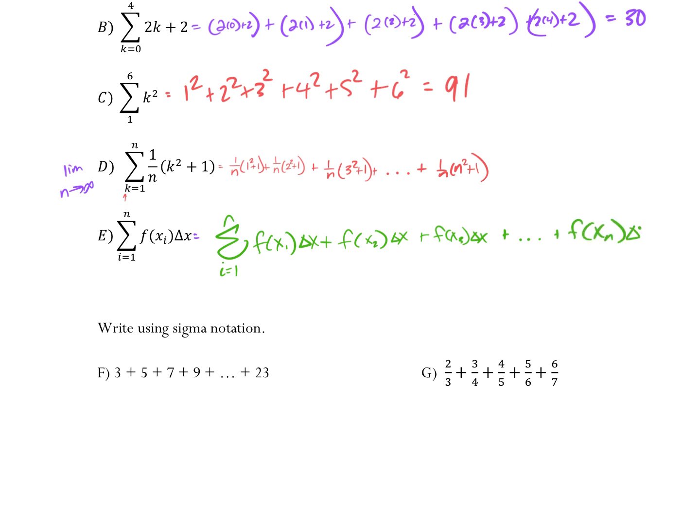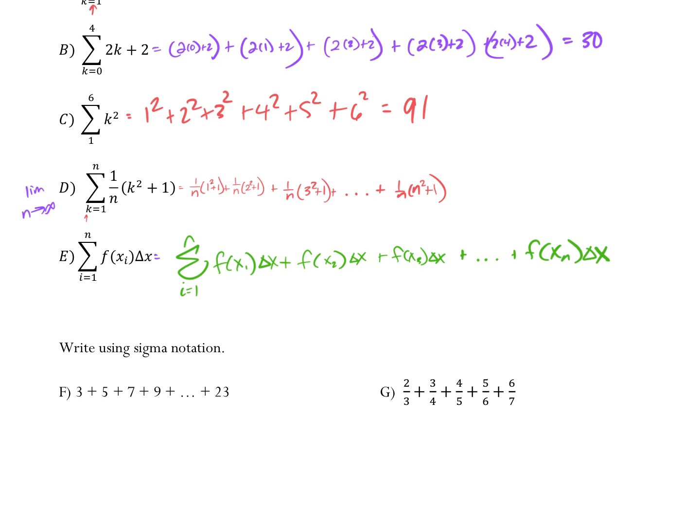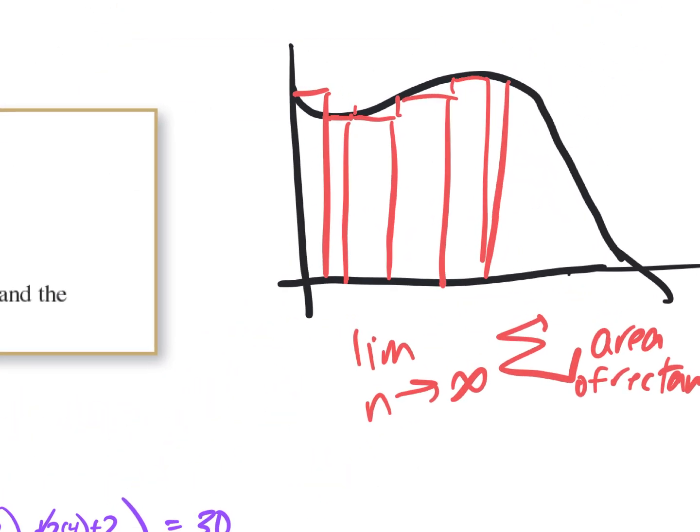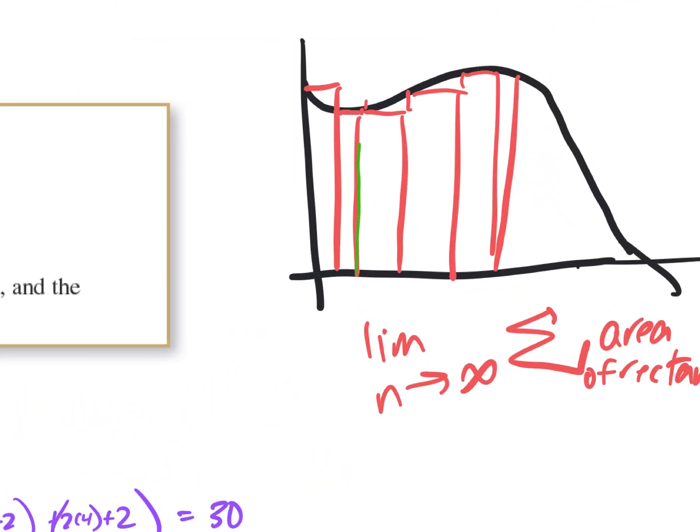And without giving too much away, each of these values is an area of a rectangle on a graph. Like the height of this rectangle is f of x, the width is delta x. So that's where this is going. Okay?